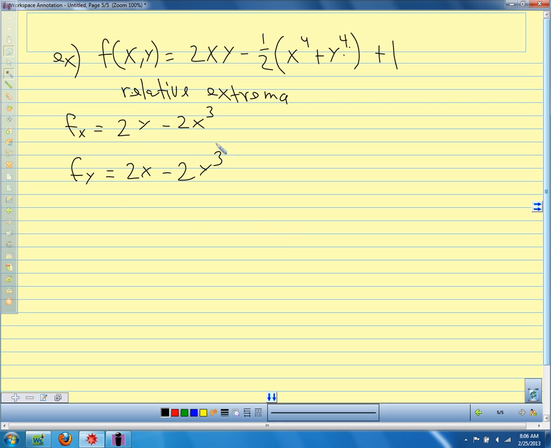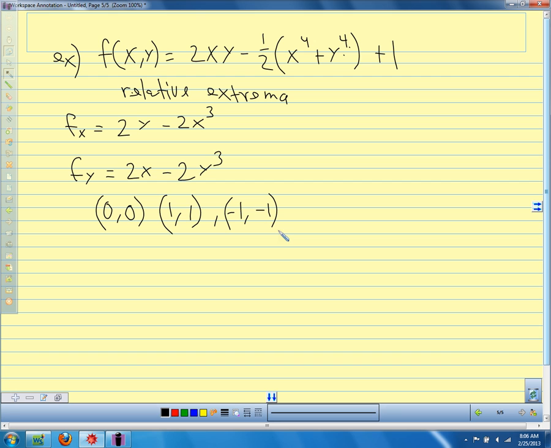So we know by inspection that 0, 0 is a critical point, 1, 1 is a critical point, and -1, -1. So we have these 3 critical points. Would we have any more?